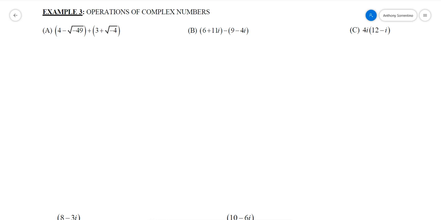Here in part A, I see 4 minus the square root of negative 49 plus 3 plus the square root of negative 4. Now, assuming I'm allowing the square root of negatives to occur, that means I am considering this to be a complex number solution. So once I make that realization, I'm going to simplify these square root of negatives and put them in terms of i.